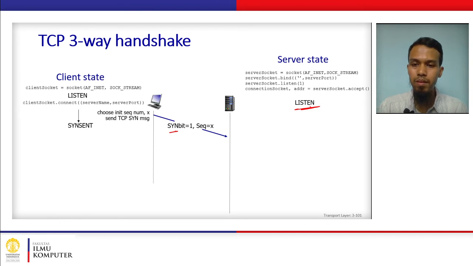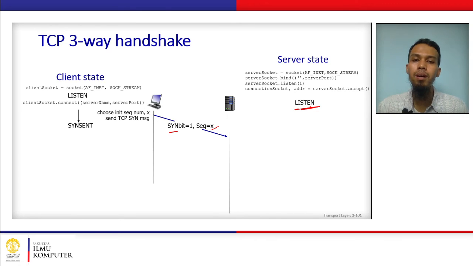This means that the client wants to initiate a TCP connection. Another important thing is that the client initiates the sequence number, let's say with x. This is just a random number. It can be 1, 0, or something else.